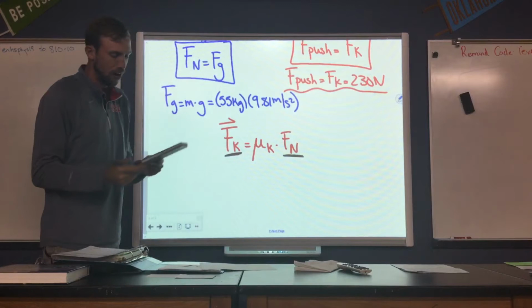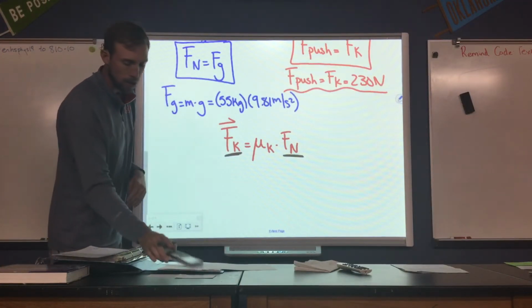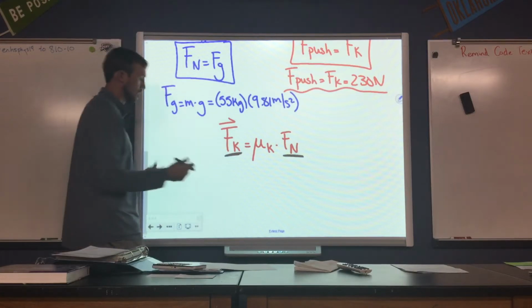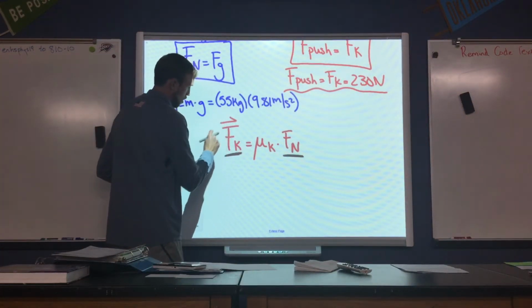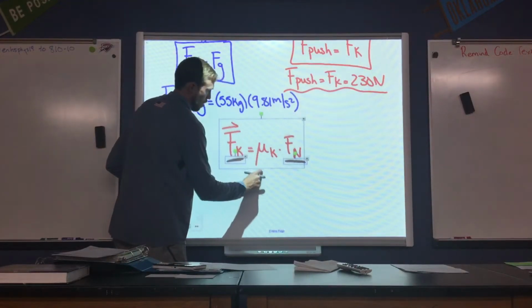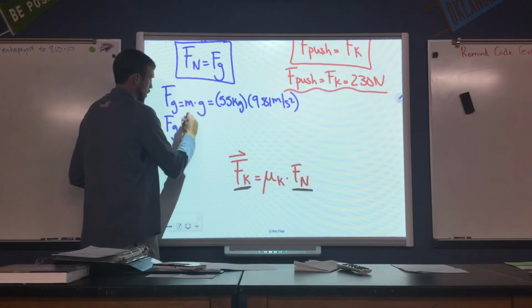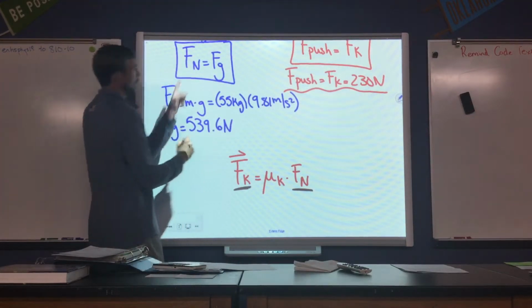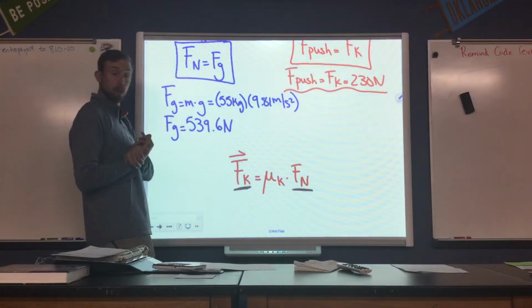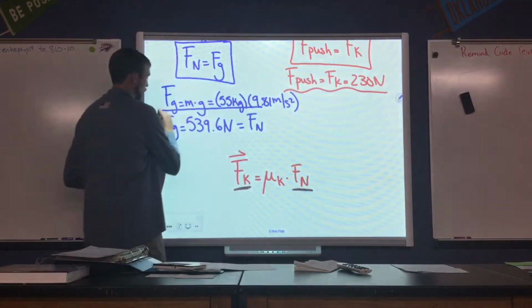So we'll take 55 multiplied by 9.81, and we get approximately 540 newtons. It's about 539.5. So Fg is equal to 539.6 newtons. And because of the relationship we determined from Newton's second law in the y direction, that is equal to Fn.